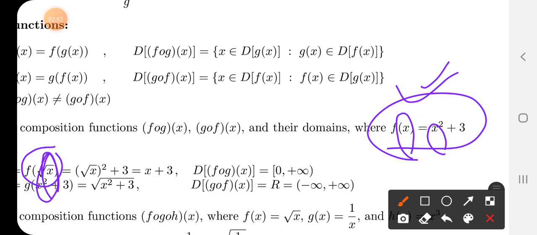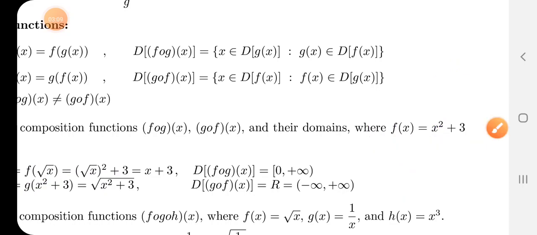Here you have square root of x, not x. So you have to replace this x with this square root of x. So square root of x squared and then plus 3. This square with square root will be cancelled, so it will be x plus 3. So this is composition function f of g, when f is the outer function and g is the inner function.